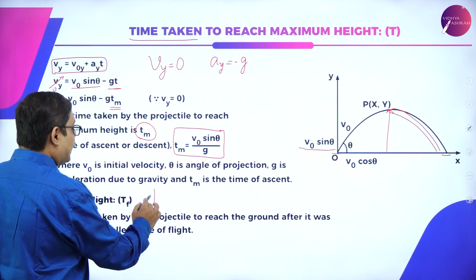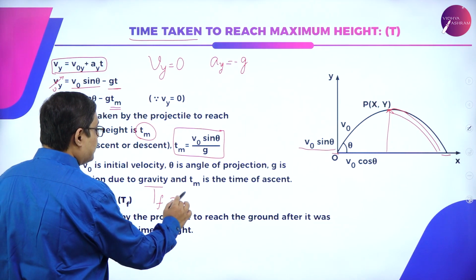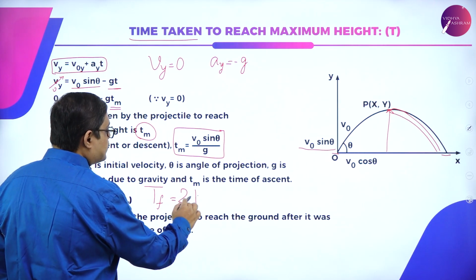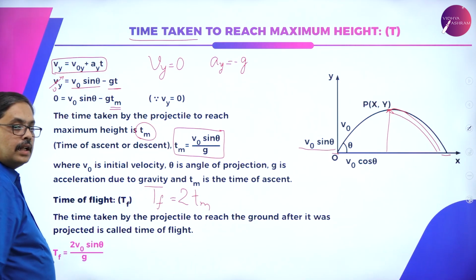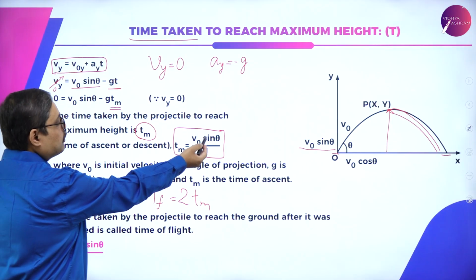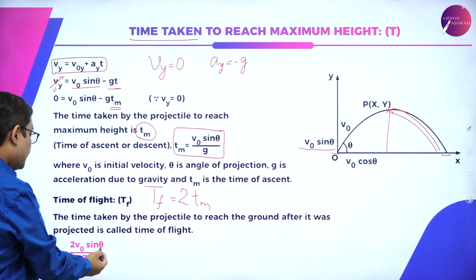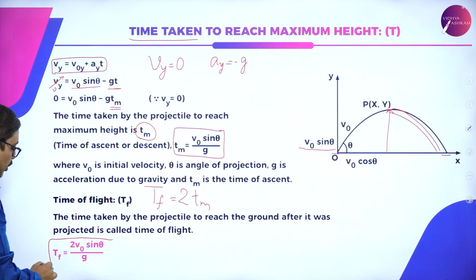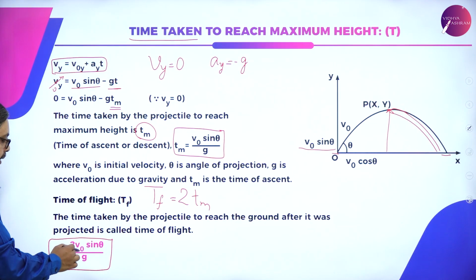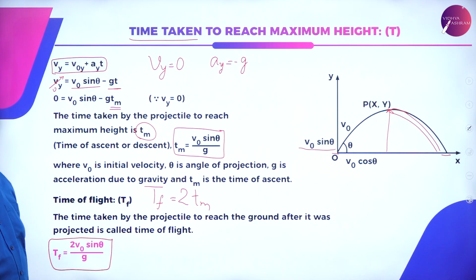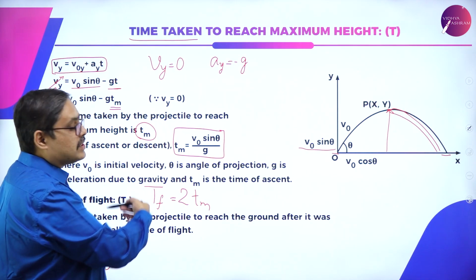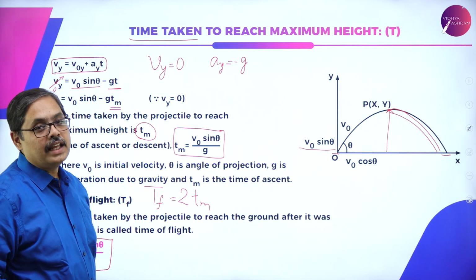So the time of flight Tf is equal to 2 times Tm. I have the equation for Tm, which is V naught sine theta by g. 2 times of that will be the time of flight Tf is equal to 2 times V naught sine theta by g. These equations shall help us while solving the numericals.